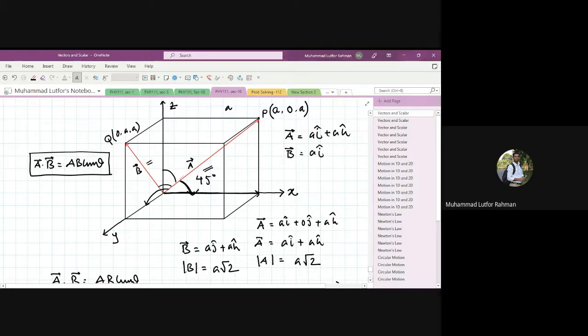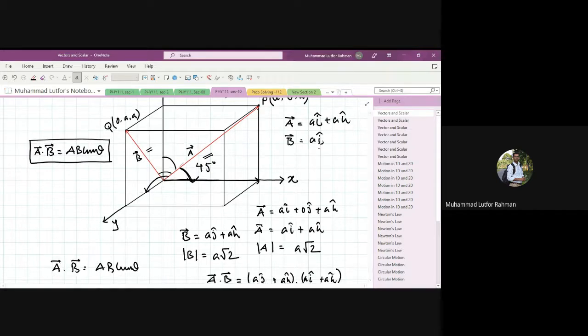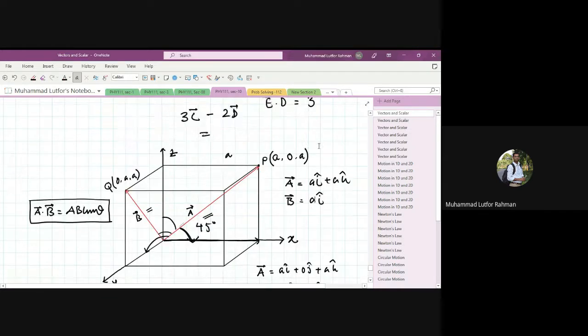I'm taking it with the x-axis, although they didn't give me any vector, or I can choose the i vector, or simply i, because if you take that unit length, then what will be the case? The magnitude of A is a root 2, and the magnitude of B is only a, right?